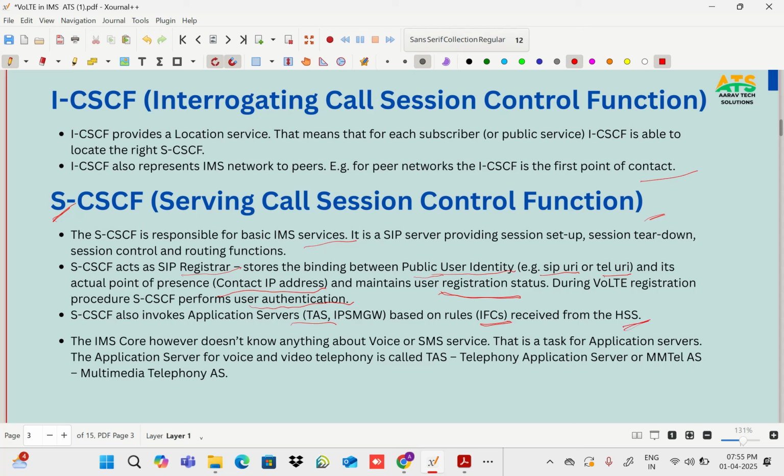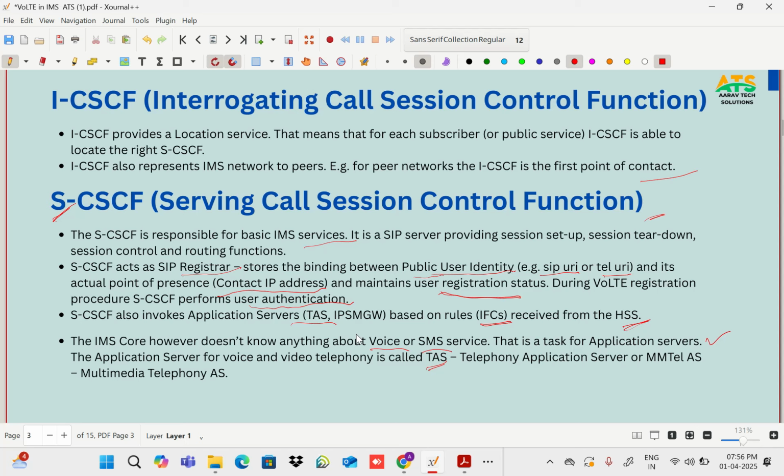The IMS core, however, doesn't know anything about voice or SMS. That is the task for application servers. The application server for voice and video telephony is called TAS, telephony application server, or MMTEL application server, multimedia telephony application server.